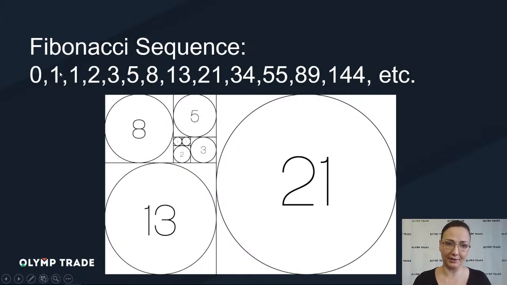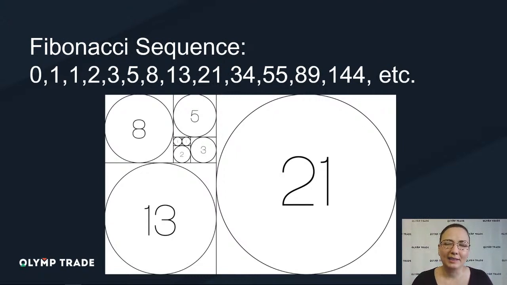So as you can see right here, 0 plus 1 is 1, 1 plus 1 is 2, 2 plus 1 is 3, 3 plus 2 is 5, 5 plus 3 is 8, and so forth, my friends. In this picture, we can see how the Fibonacci sequence looks in dimension. So you can actually see how the size is proportionalized according to the numbers as well.